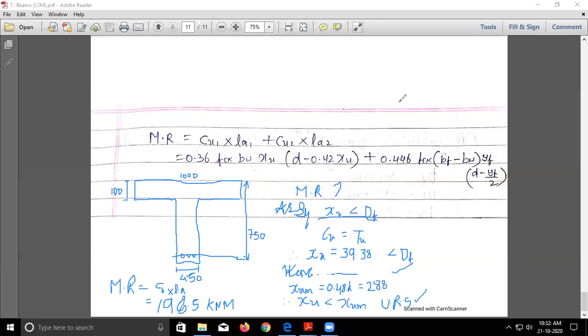So now in this case, first let us assume Xu is less than Df. So now give me the value of Xu. 142.35. Xu is 142.35. Yes, what about others?